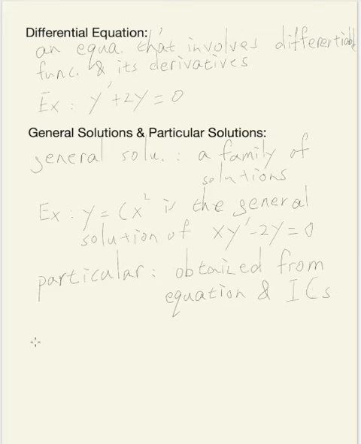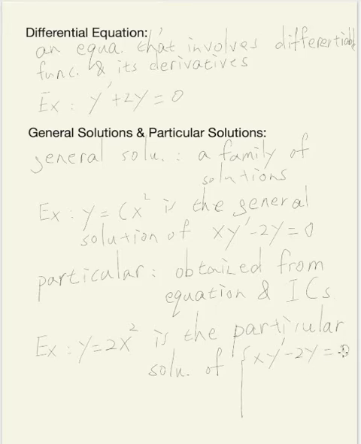For example, y equals 2x squared is the particular solution of xy prime minus 2y equals 0 and y of 1 equals 2. We use the same differential equation, but with an extra condition.